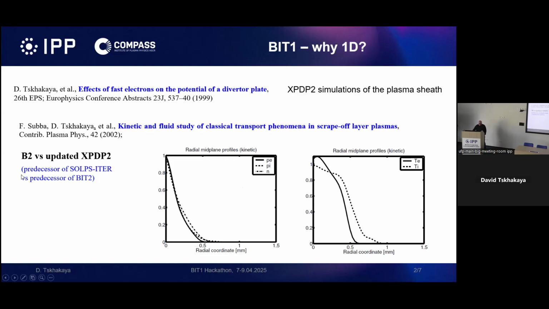Actually, in that case, we simulated a comparison between, to my knowledge, the second worldwide two-dimensional simulation of the scrape-off layer by a full kinetic, full PIC code, and it was compared with the fluid code B2, which was the predecessor of the SOLPS-ITER code. This XPDB2 was used, actually an updated XPDB2 code, which was a kind of predecessor of BIT2.